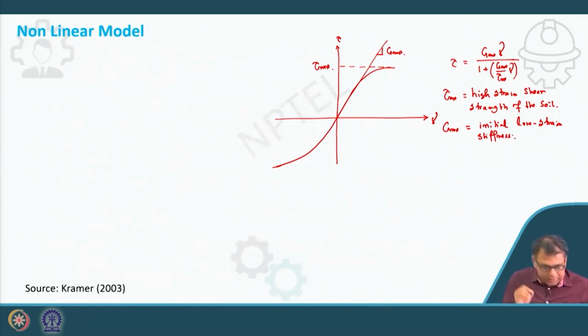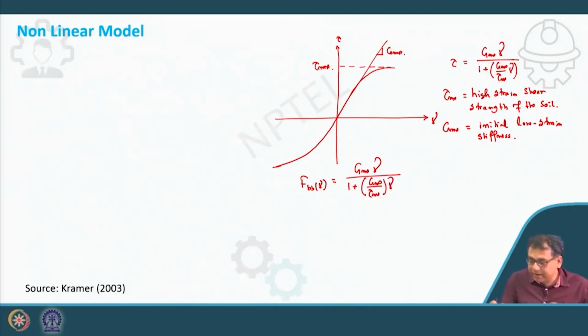Now this expression is expressed by this F BB, which is a function of G max, strain, 1 plus G max by tau max into strain, where F BB is called the backbone function. So this expression is represented in terms of the backbone function.